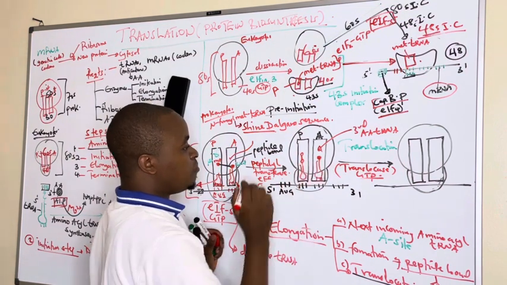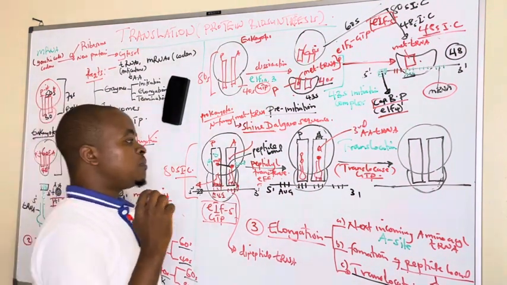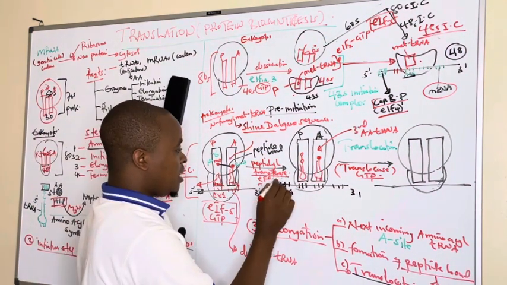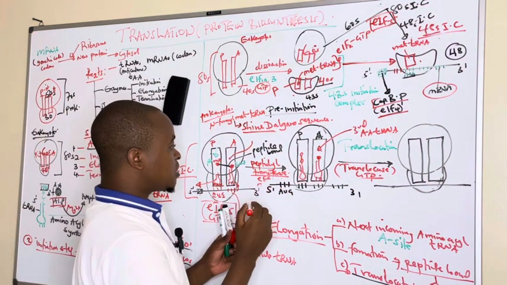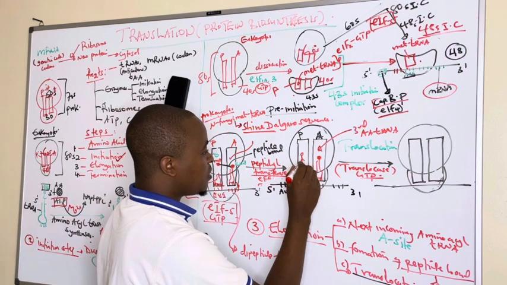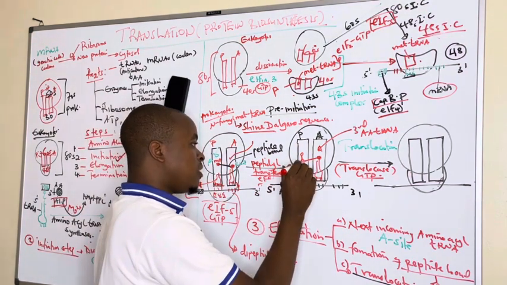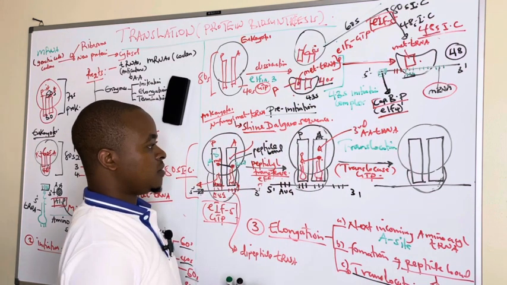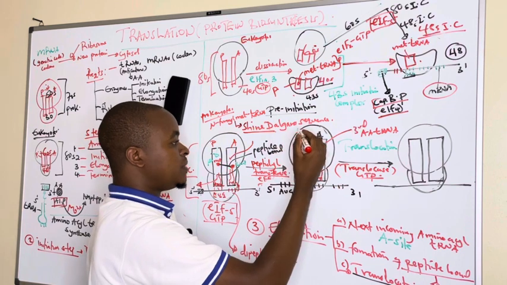And when the third reaches the A site, remember there is peptidyltransferase and elongation factor 1 alpha. It is going to create another formation of the second peptide bond between the second amino acid and the third amino acid, and so it leads to formation of a tripeptide.